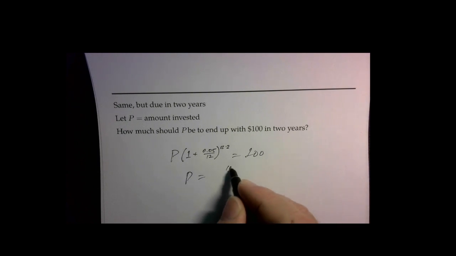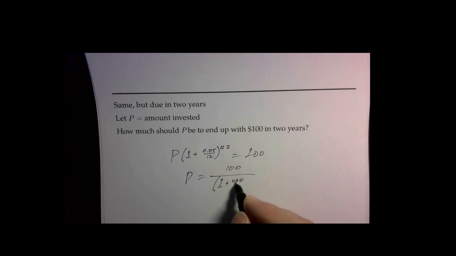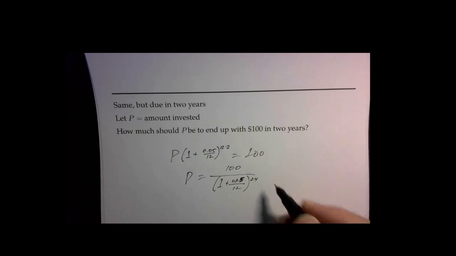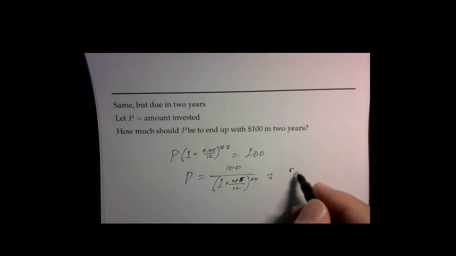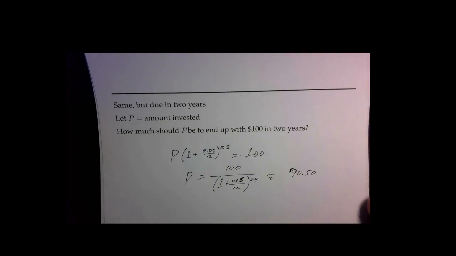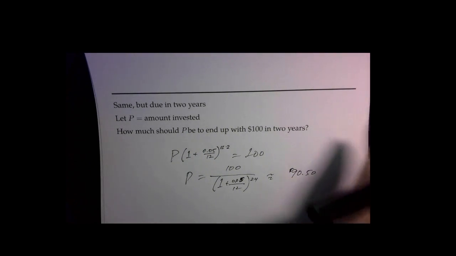So again, you just divide. P is 100 over that messy looking thing, 1 plus 0.05 over 12, to the 24th this time. And that works out to be about $90.50. Again, a little bit less than the simple interest case.